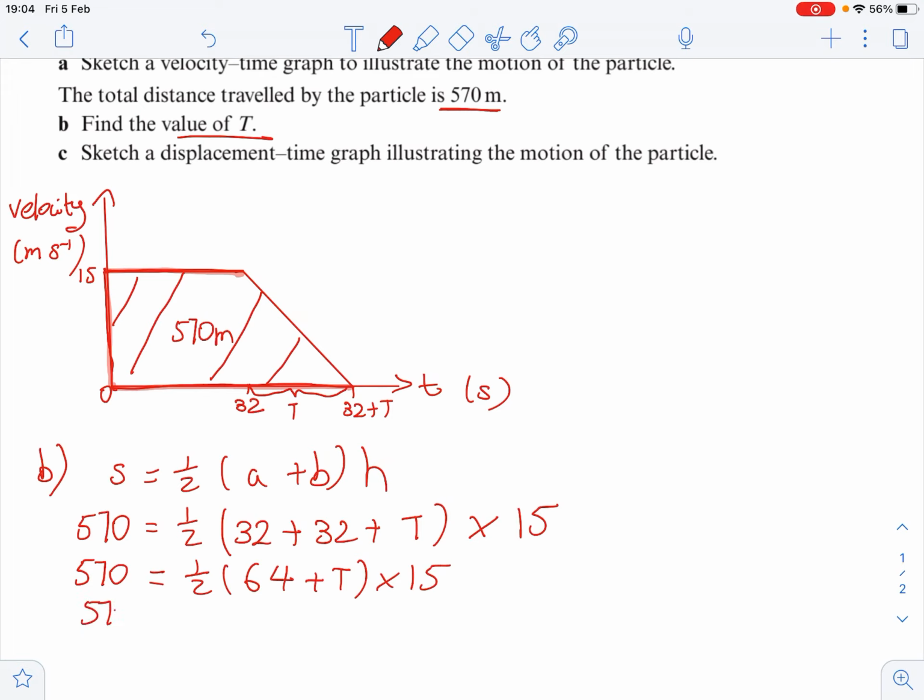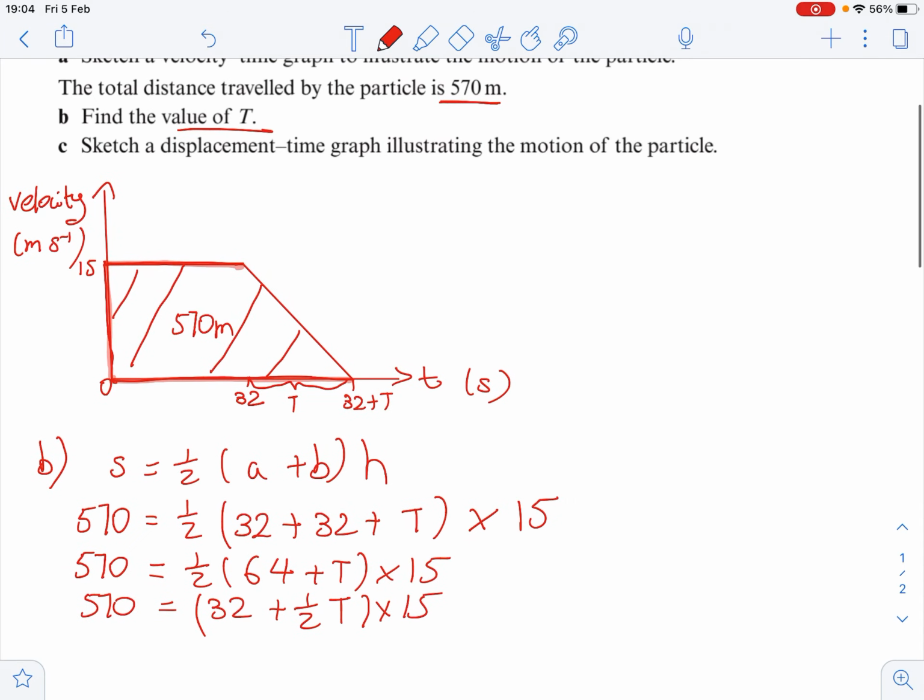So 570 equals 32 plus half t, multiplied by 15. Then we have 32 multiplied by 15, which equals 480, plus half of 15, which is 7.5t.